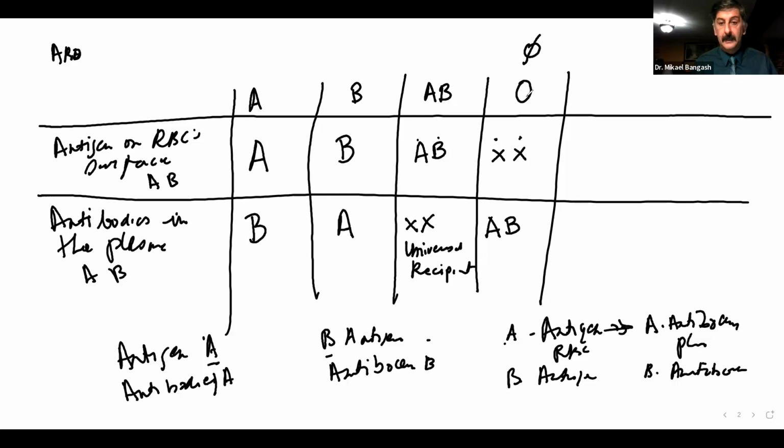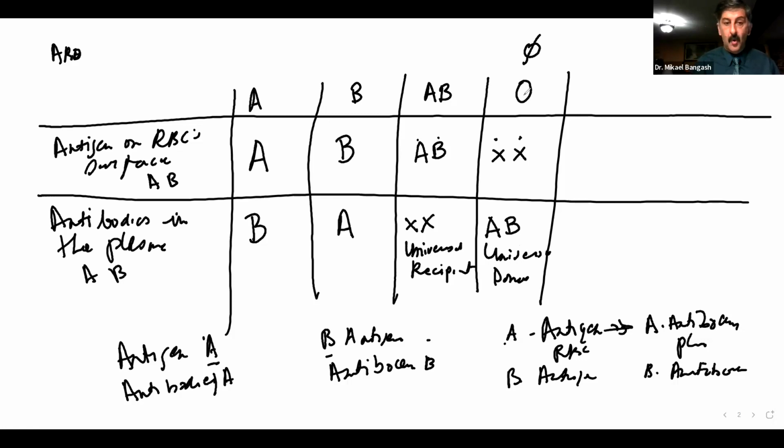Whereas people with blood group O are what we call the universal donors, which means that they will be able to donate blood to any person.